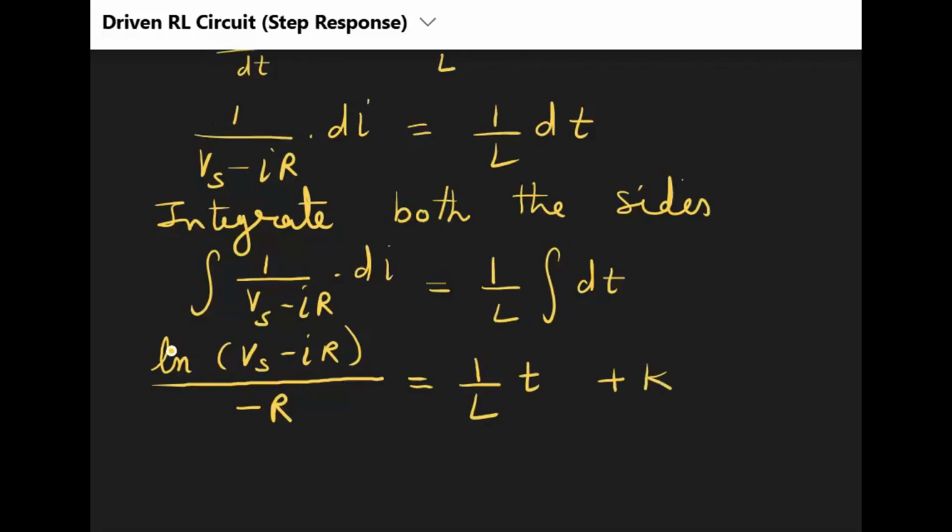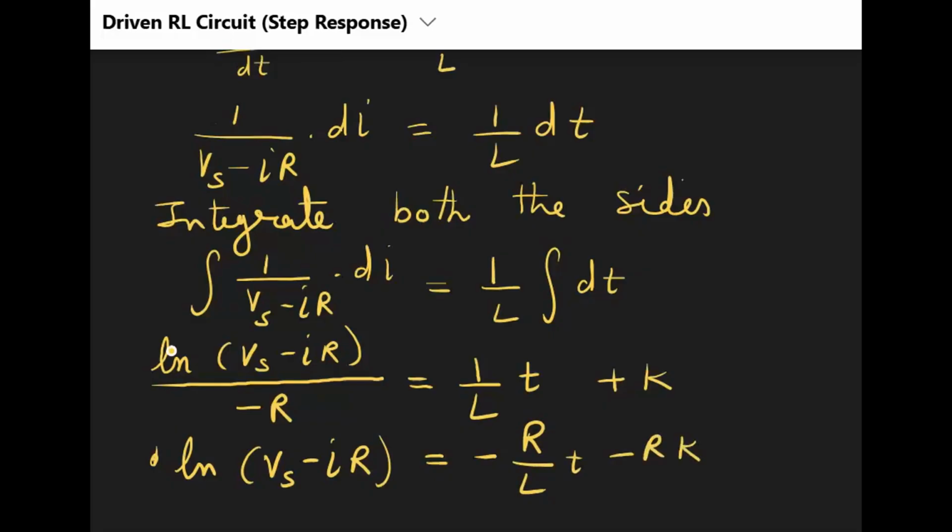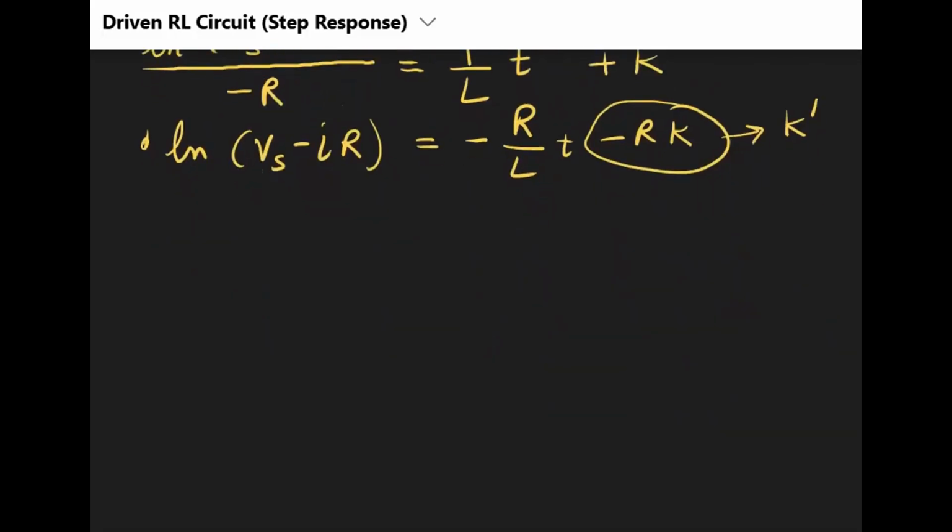What is k? k is the constant of integration. To find k, before that, we will rearrange this term and write ln(Vs minus iR) equals minus (R by L) t minus R k. Now this minus Rk is also a constant, so we can write it as another constant k dash, and then we will find the value of k dash.